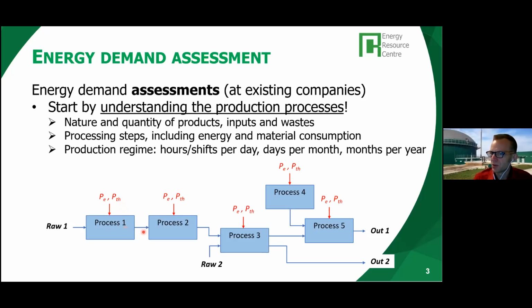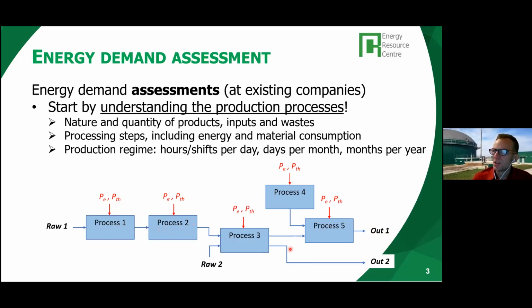And then from one process, the output goes to the next process where you have another specific energy consumption, and goes on to different other processes. In the end, you have one or multiple outputs.